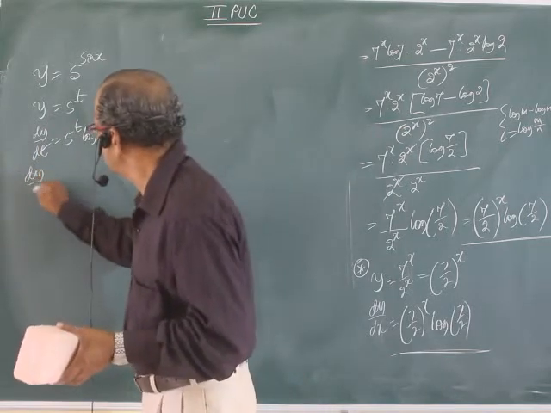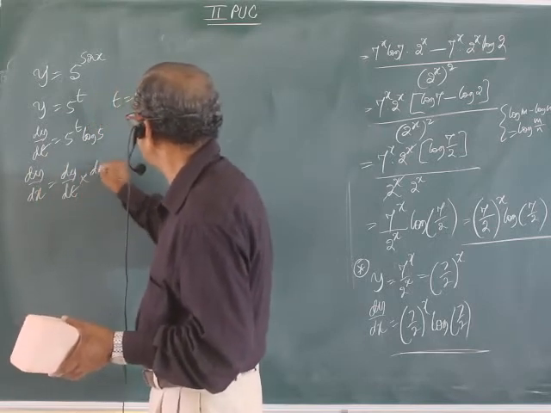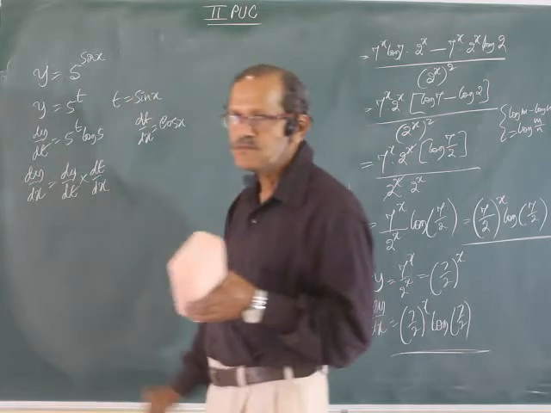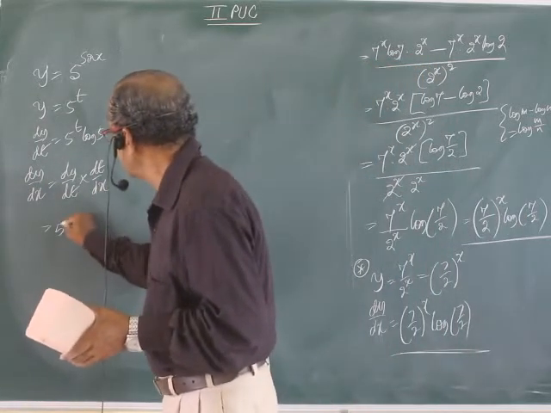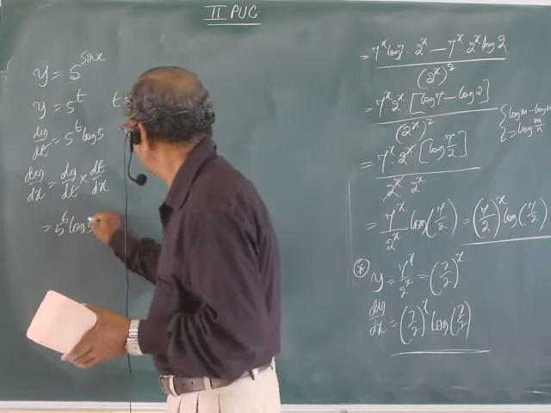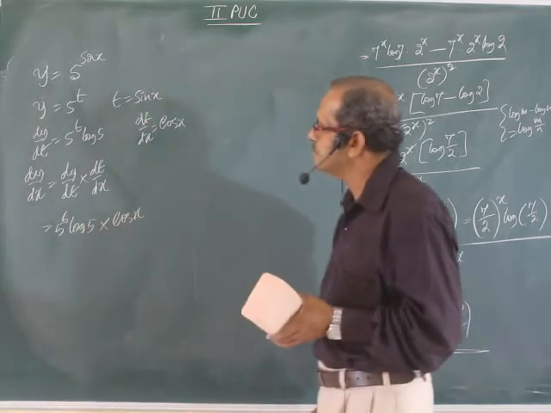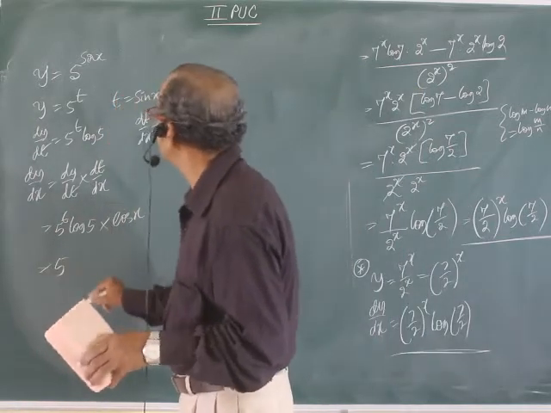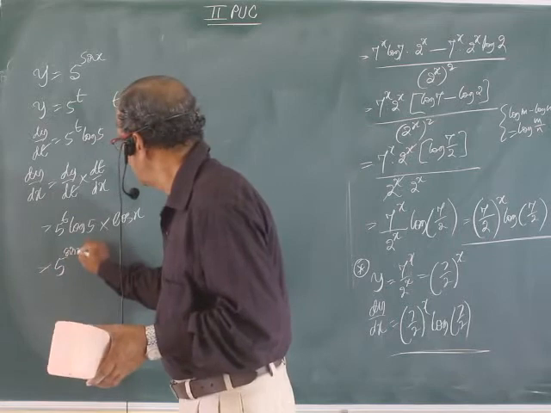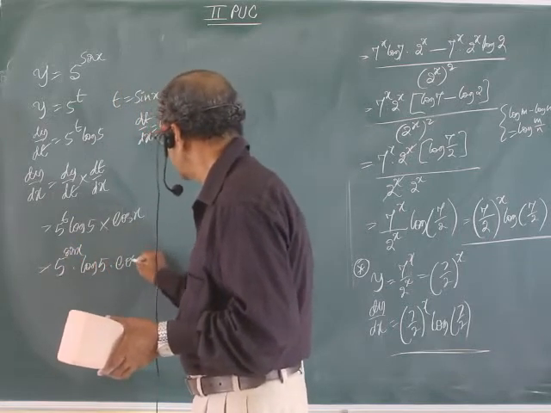By chain rule, dy by dx is dy by dt into dt by dx, or 5 to the power t log 5 into cos x. Once again write t equal to sin x: 5 to the power sin x into log 5 into cos x over.